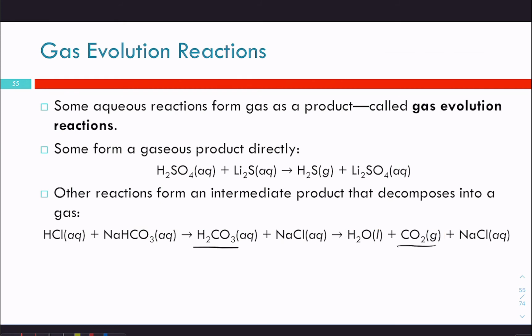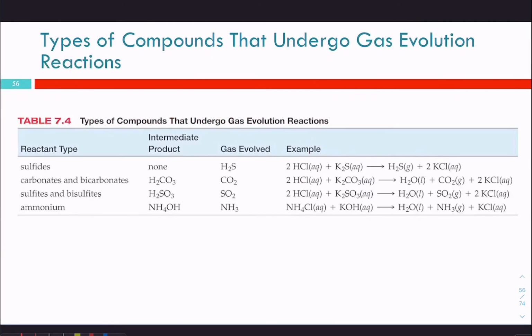And then the sodium chloride doesn't react in that step, so it stays the same. The key for these is memorizing which things are gases or which things decompose into gases. There's not that many, but they're easy to forget about.